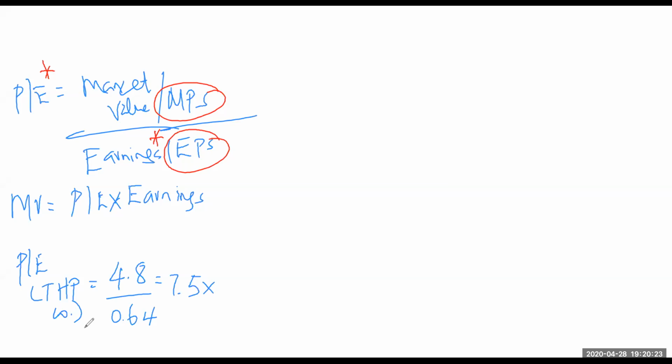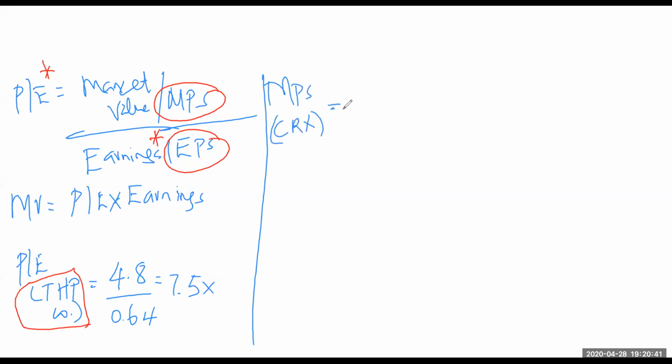This is for THP. However, since the CRX company does not have a PE ratio, you're going to be using the THP company PE ratio to get the value of CRX company. Therefore, the MPS of CRX should be equal to, from the formula here, the PE ratio multiplied by the earnings. We have the PE ratio of CRX, which you assume is that of THP, 7.5.